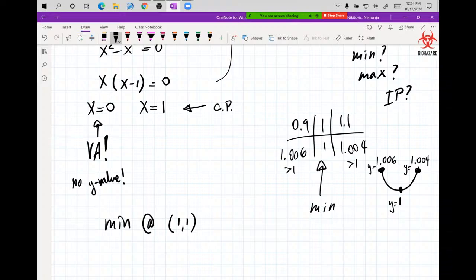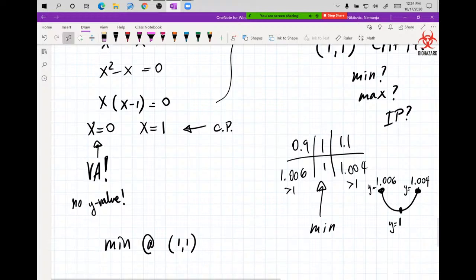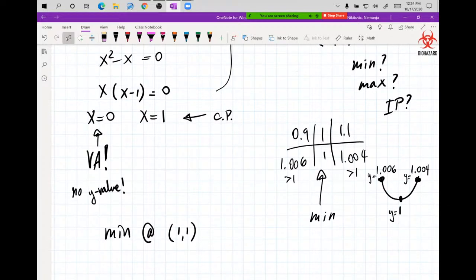Now we don't have the whole picture yet, so I can't really go into detail about whether it's a global or local minimum or any of that kind of stuff. Oh, you know what we can do? How about we take a look at the graph?